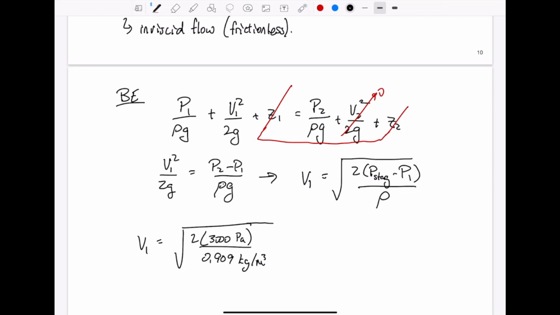And let's do a unit check. Do these units work out? Do we have the correct units here? Can we divide pascals by kilograms per meter cubed and get meters per second?